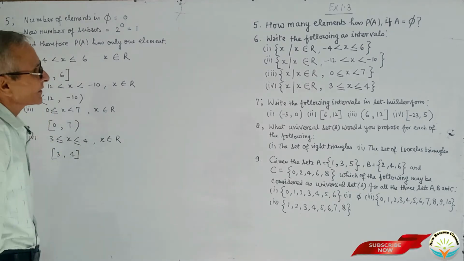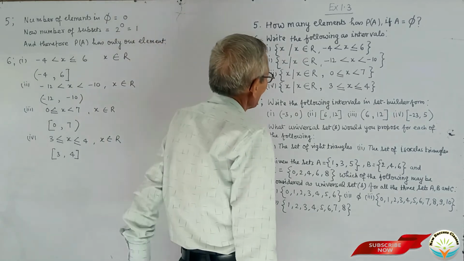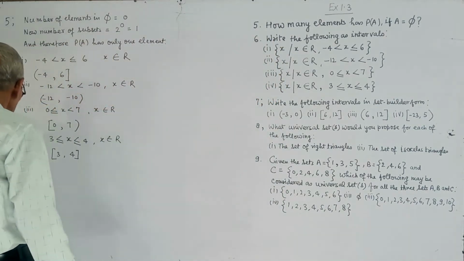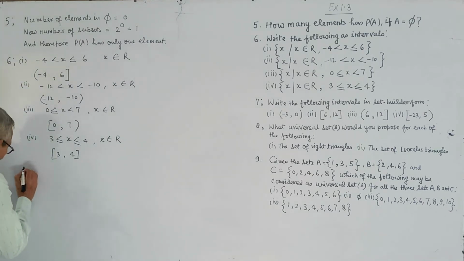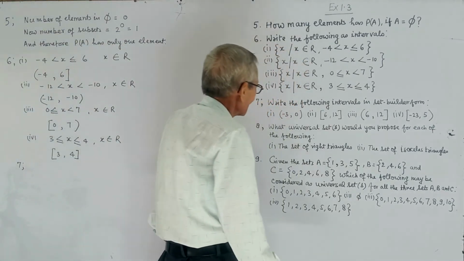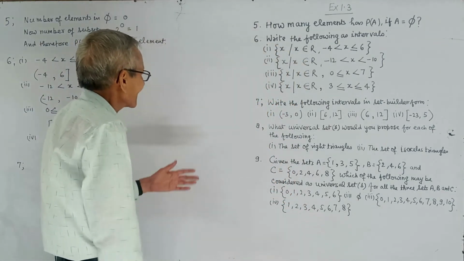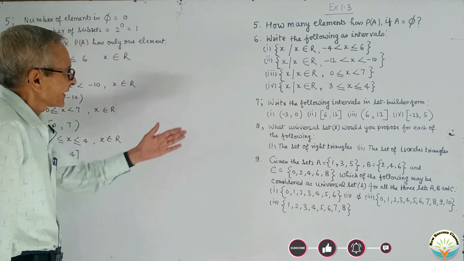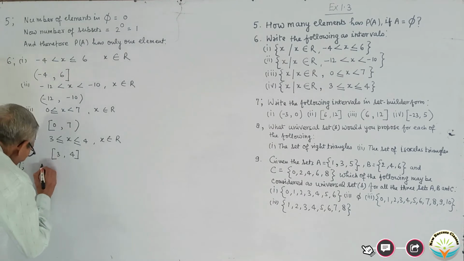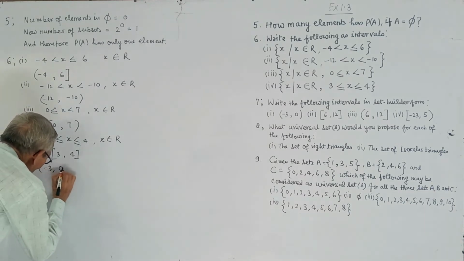So these are the answers of question number 5 and 6. Now come to question number 7. Question 7 is: write the following intervals in set builder form. I will write one or two, so I will take only one example. First example, that is negative 3, 0.